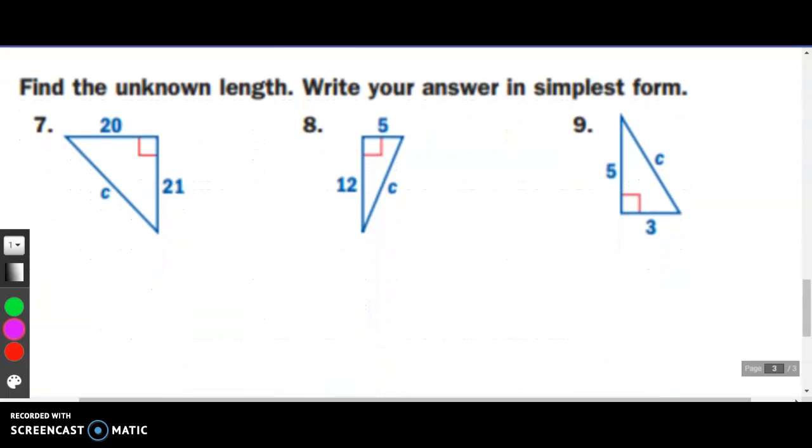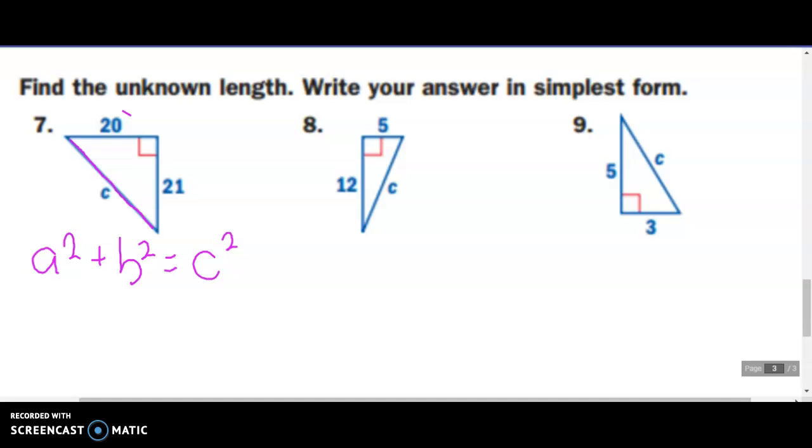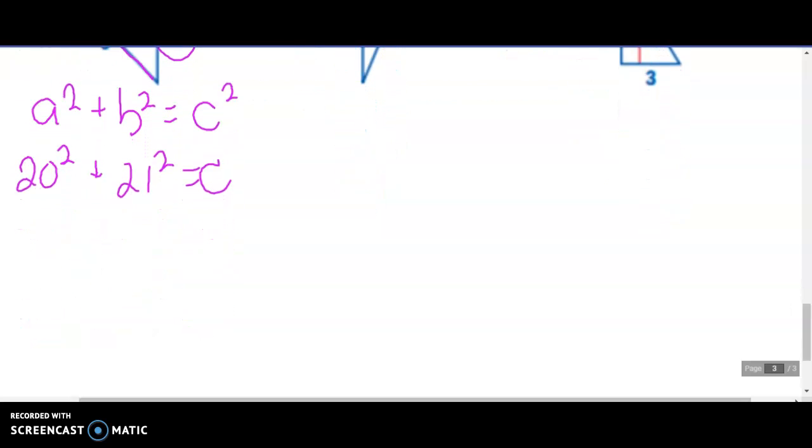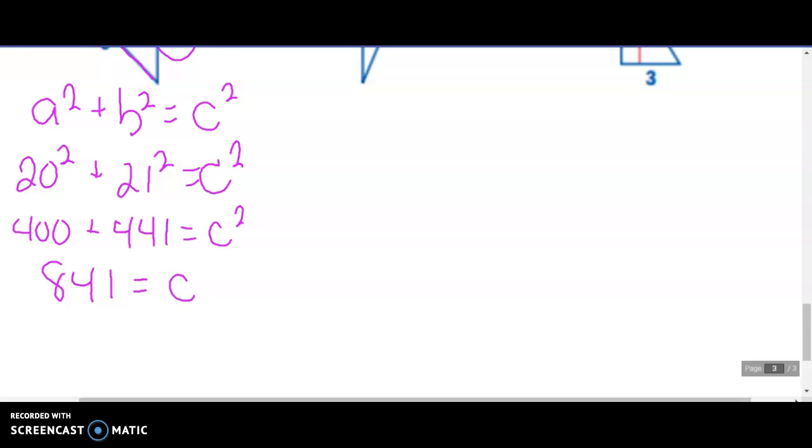Okay, here we go. So we don't know the hypotenuse. So we start by writing a squared plus b squared equals c squared. Then here's one of the legs, 20 squared, plus the other leg, 21 squared, equals c squared. 20 squared is 400, plus 21 squared is 441, equals c squared. 400 plus 441 is 841, equals c squared.